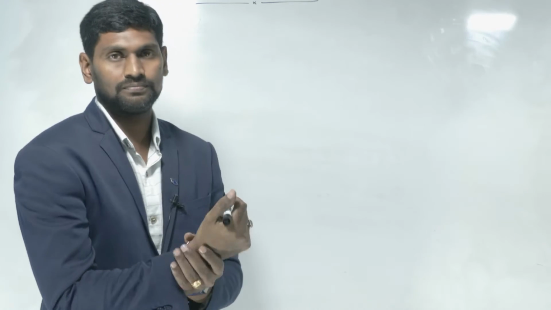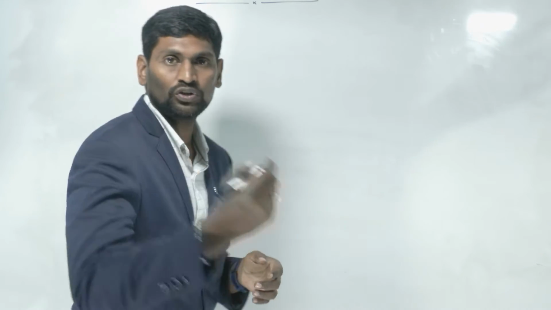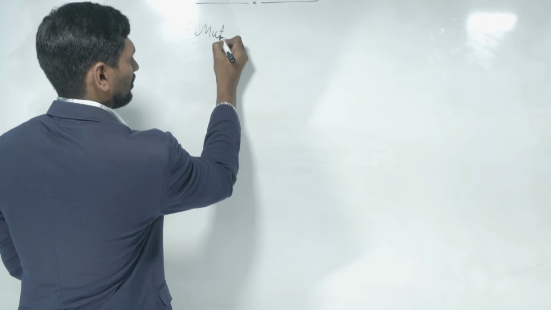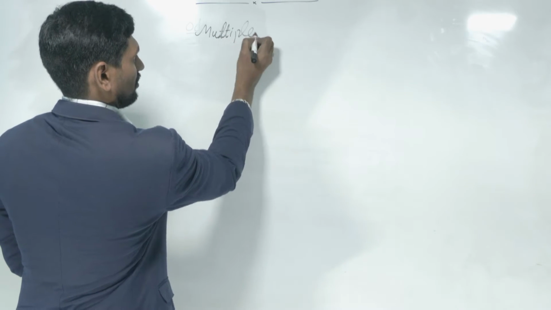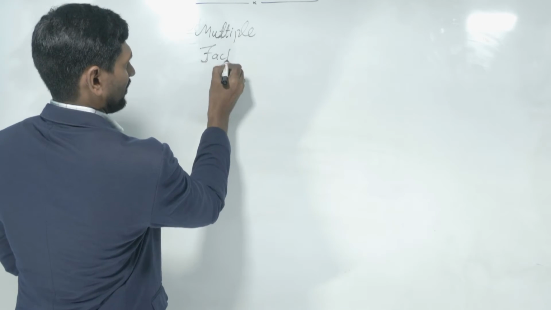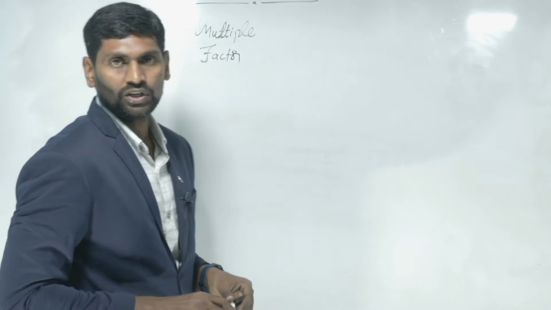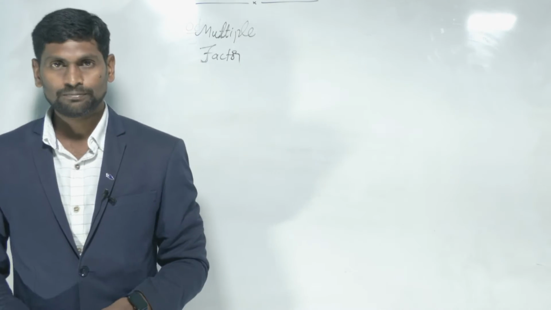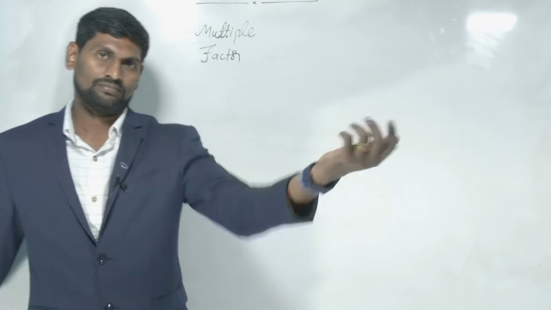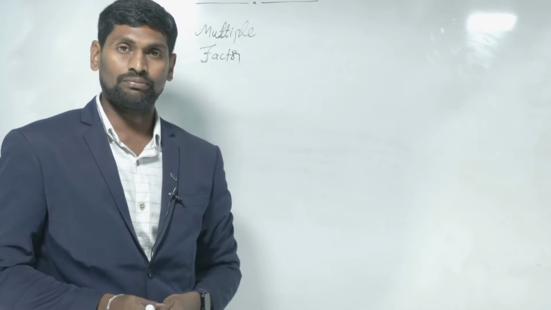Next we should discuss prime numbers and composite numbers. Before that, let us see what is a multiple and what is a factor. Multiples we can remember by taking an example of tables.